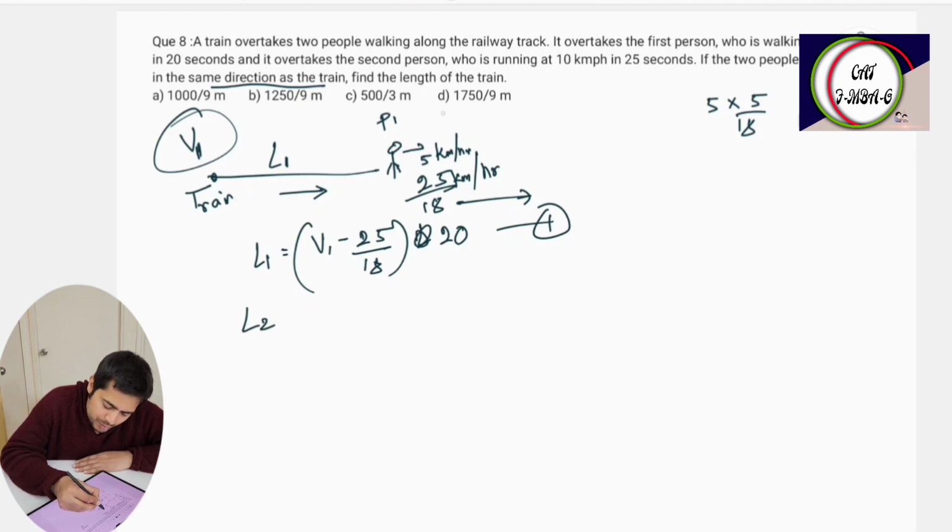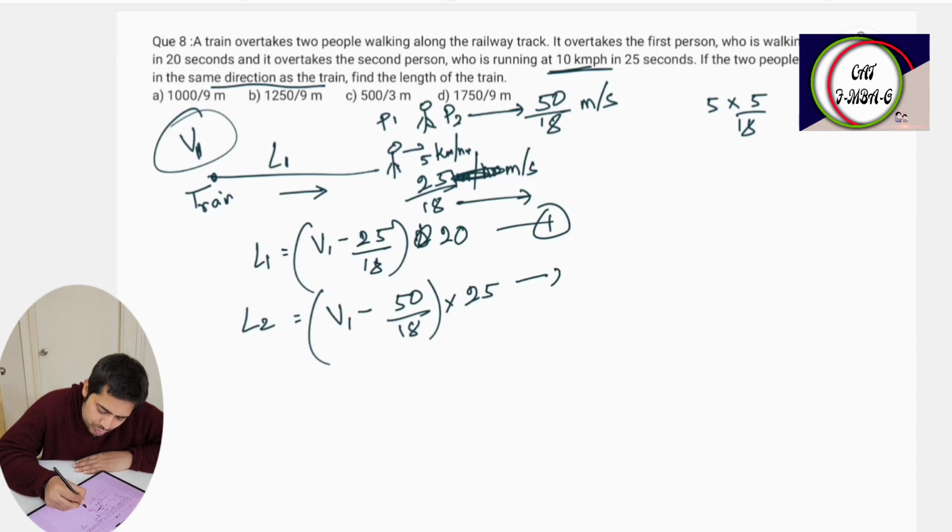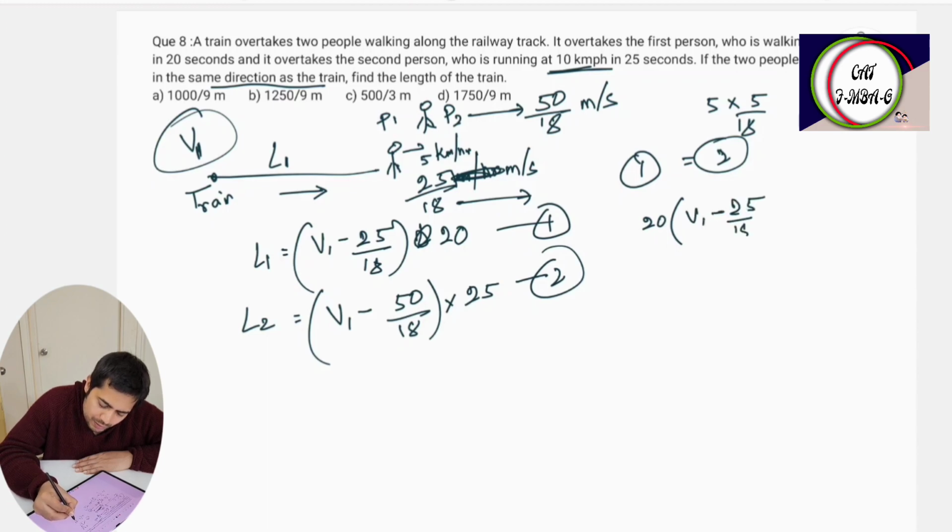Now person 2 is walking at 10 kilometer per hour, or double the speed, so 50 by 18, sorry, this is meter per second. So L2 is equal to V1 minus 50 by 18 into 25. Equation 1 is equal to equation number 2, so 20 into V1 minus 25 by 18 is equal to 25 into V1 minus 50 by 18.